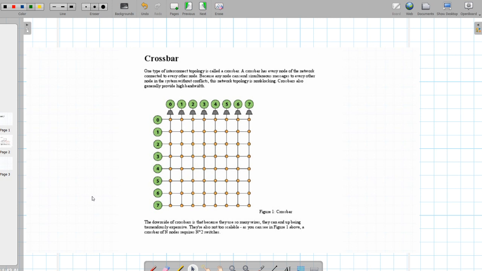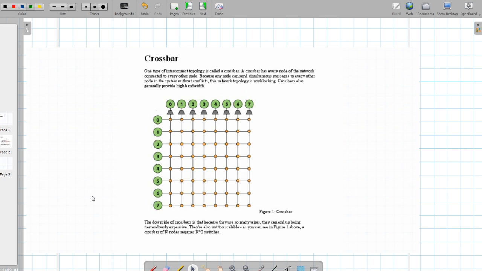Now if you look into this block diagram, you can find that you have 8 processors in your multiprocessor system, and the addresses of the processors are 0, 1, 2, 3, 4, 5, 6, 7.